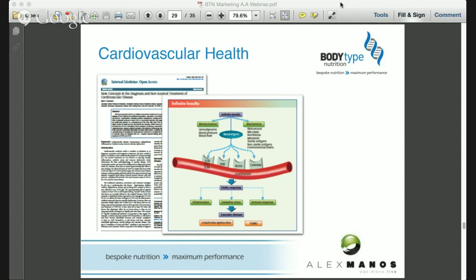But if we think about it, if there's an infinite number of insults that impact the endothelium, but there's a finite response, and you aren't able to test, or if they can't afford to test, or whatever it may be, then your next best bet is to go after the 3 finite responses. An anti-inflammatory diet, maybe bring in some anti-inflammatory nutrients if possible, even just some good old omega-3, for example.